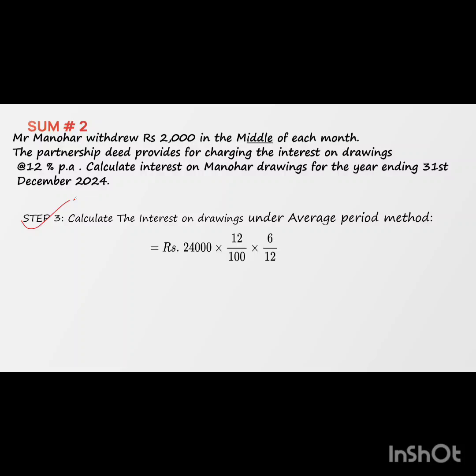Total drawings is 24,000, the rate is 12 by 100, and the average period is 6 by 12. Therefore the answer will be 1440. The interest on drawings of Manohar will be rupees 1440. Thank you. We'll see more sums in the next video.